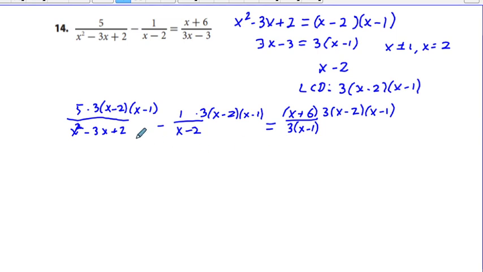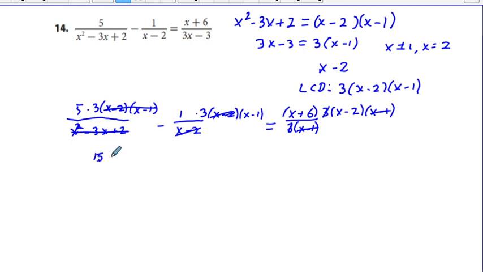And so we just cancel stuff out. This x minus 2, x minus 1 will cancel out this x squared minus 3x plus 2. And here, this x minus 2 will cancel out this x minus 2, this 3 cancels out this 3, and this x minus 1 cancels out this x minus 1. So we write what we have left. All we have left for this first one is 15.